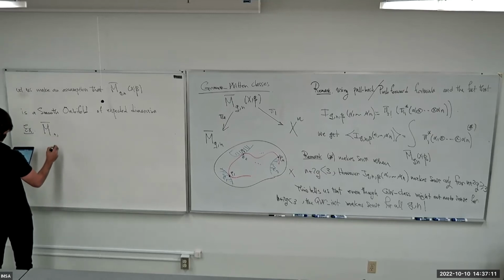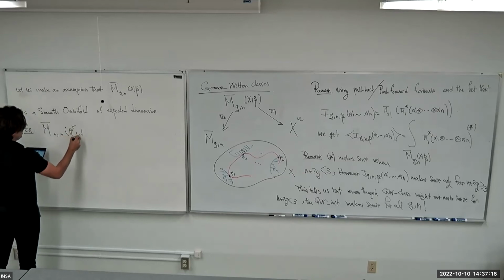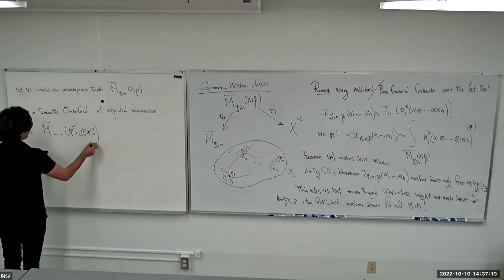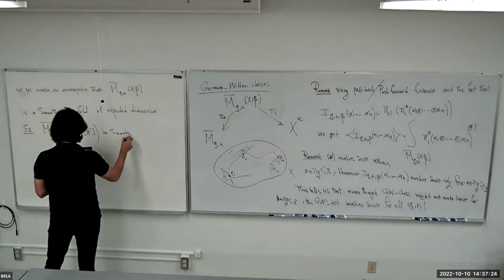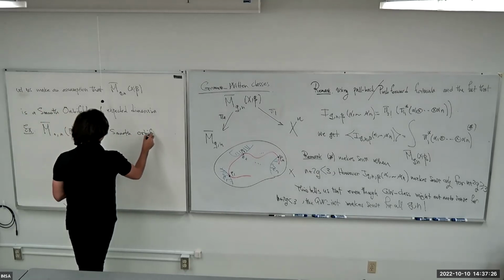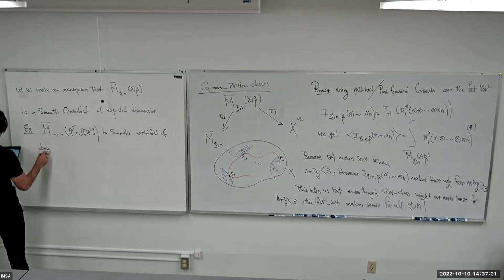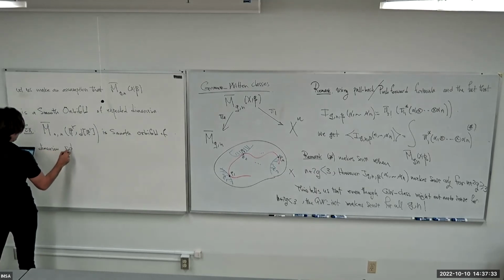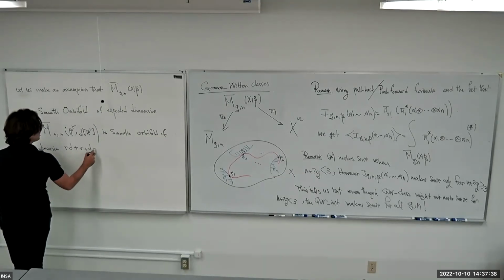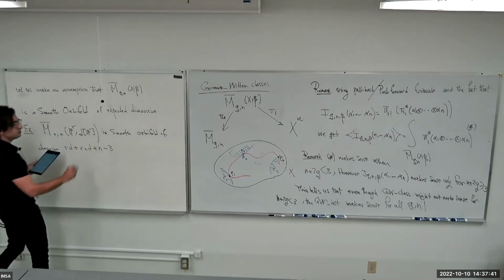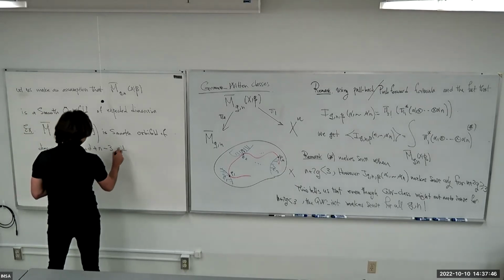This was M bar 0,n (P^r, d times the class of a line P1), which is a smooth orbifold of dimension r times d plus r plus d plus n minus 3. Okay, degree d lines in projective space.